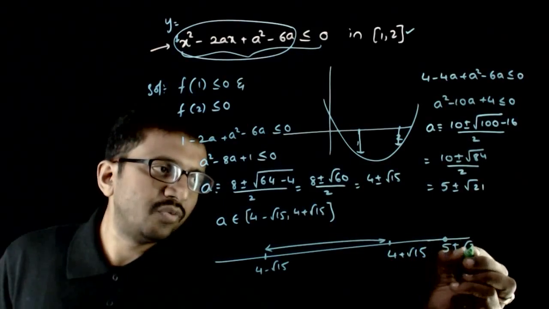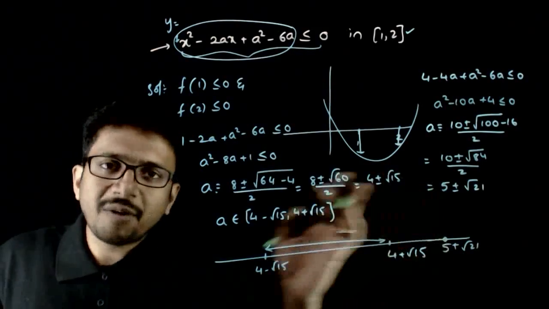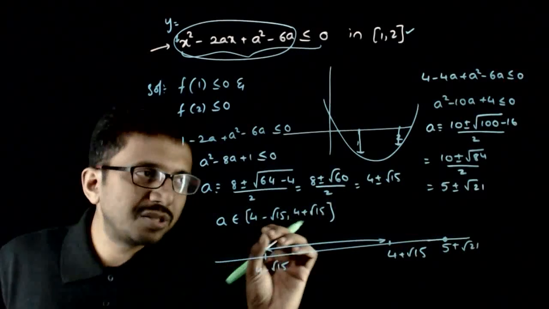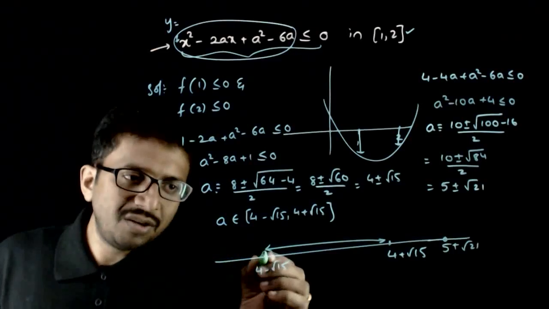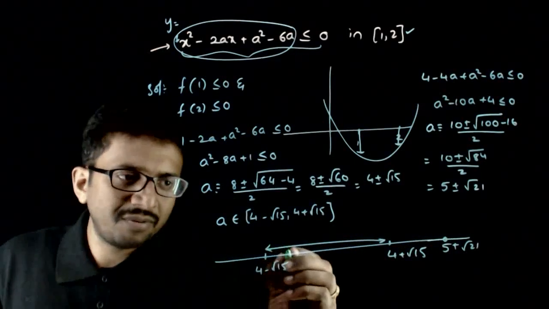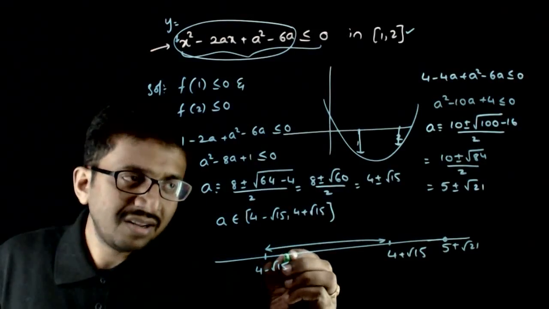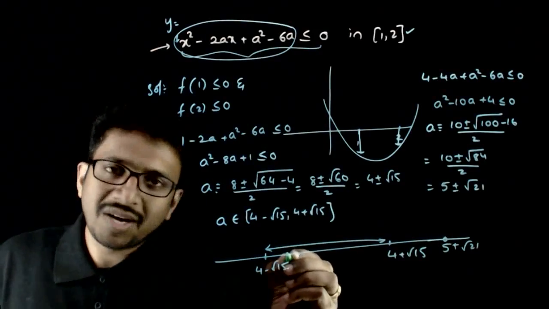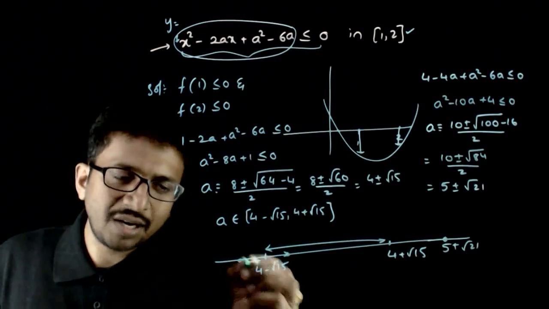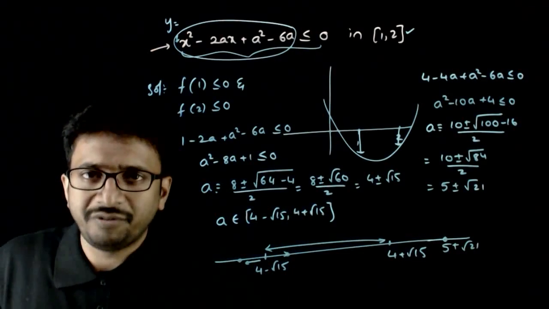So where does 5 minus root 21 lie? It is also very close to 0. We just need to find which of these two is bigger or smaller, that is, whether 5 minus root 21 lies on the right side or left side of 4 minus root 15.